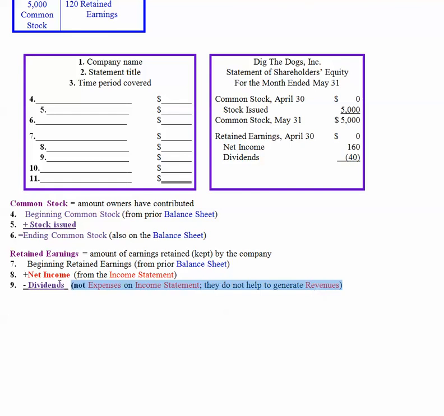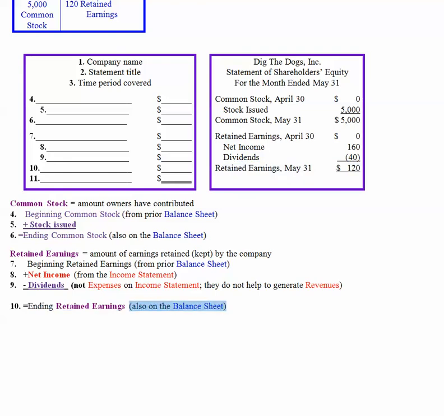They're just a disinvestment. Now, after you take your beginning plus net income, you're going to get your ending retained earnings, and your ending retained earnings is basically the sum of those, and it's also going to be on your balance sheet.